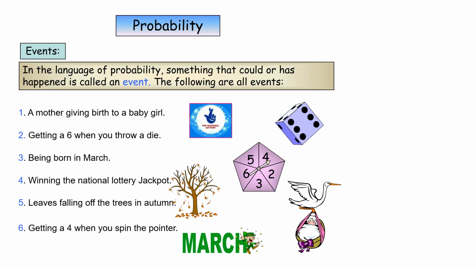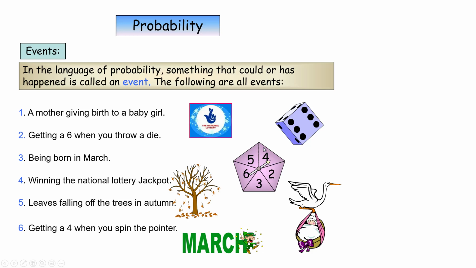I wonder how many people are born in the month of March in the class. An event. Winning the national lottery, an event. Leaves falling off a tree in autumn, so that's a regular autumn event. And getting a 4 when you spin the pointer, that's an event. Out 1, 2, 3, 4. There are 5 possible options there. Right, so those are events.